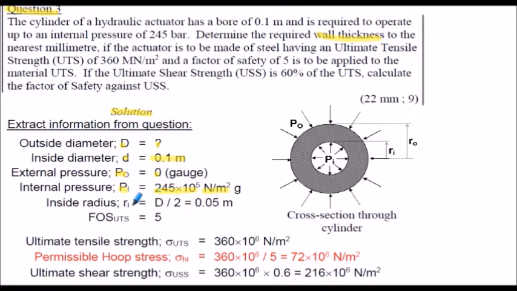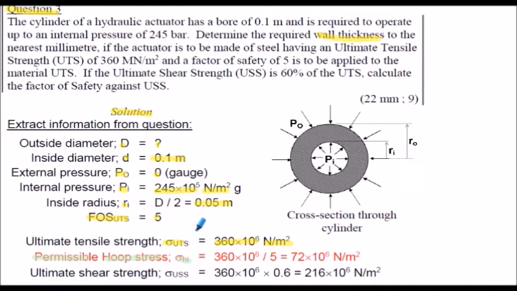The inside radius we can calculate from the question, that's 0.05 meters, and we're given a factor of safety against the ultimate tensile strength of 5. Again, from the question, the ultimate tensile strength is 360 times 10 to the 6 newtons per meter squared. That's the 360 meganewtons per meter squared. So now we can calculate the permissible hoop stress, sigma h, at the bore.